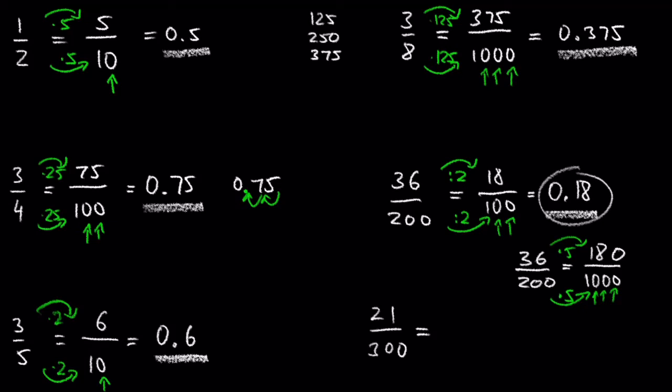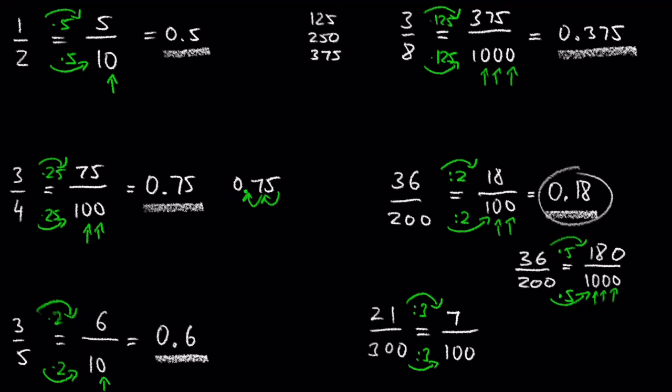Here we see that we can easily convert the denominator 300 to 100 by dividing by 3. So 300 divided by 3 is 100 and 21 divided by 3 is 7. So 21 over 300 is equivalent to 7 over 100.